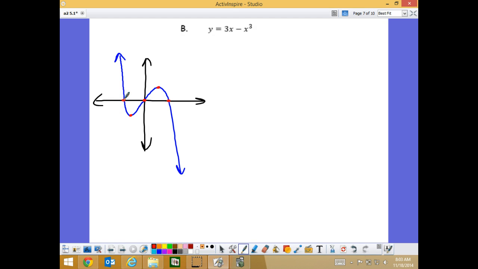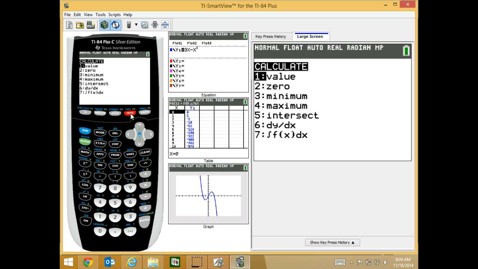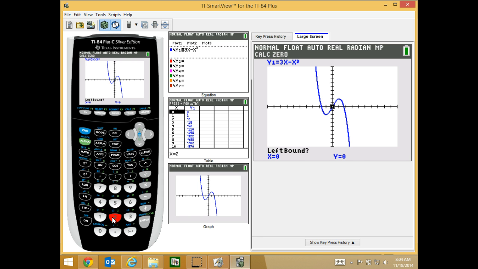First one I come to is an x-intercept. So, going back here, I need to hit second trace, and I'm going to calculate a zero. I'm just going to work from left to right. It works pretty efficiently.